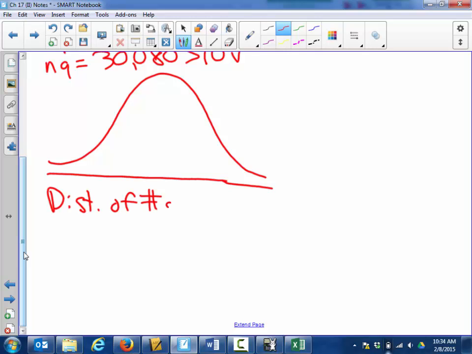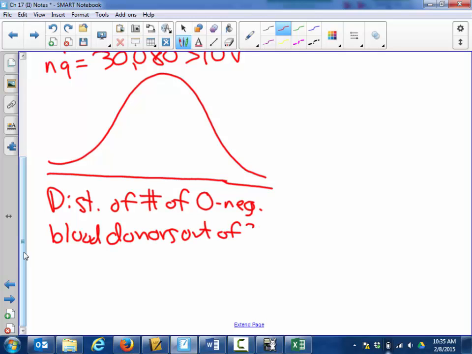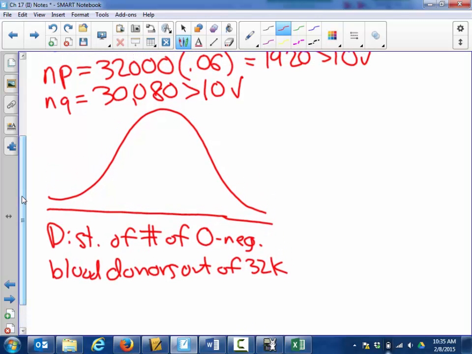Okay, so let's draw a normal bell curve here, and this is going to be the distribution of the number of O negative blood donors out of 32,000.